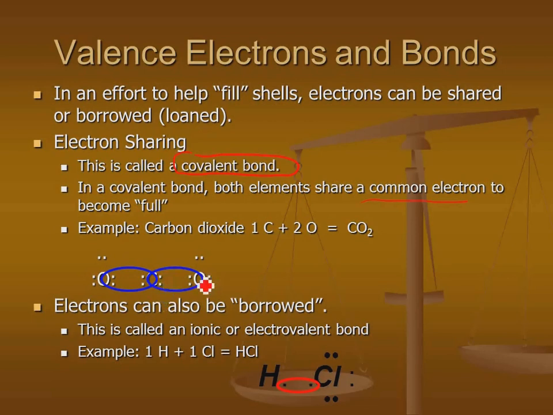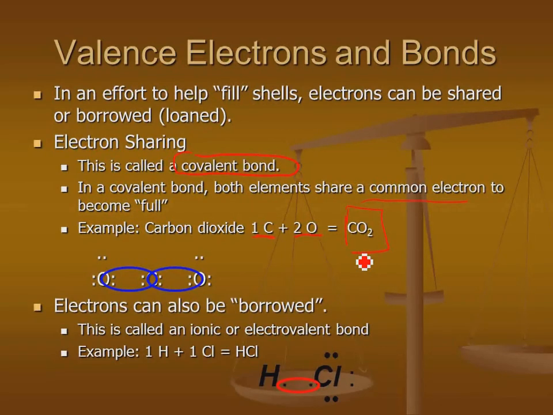And this oxygen atom has 8. And the carbon atom is 1, 2, 3, 4, 5, 6, 7, 8. They're all happy because they all have 8 electrons in their outermost shell. So in that case, one carbon atom bonds with 2 oxygen atoms to form this substance called CO2, carbon dioxide.